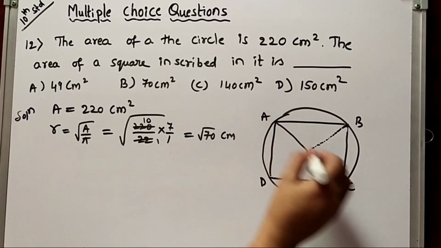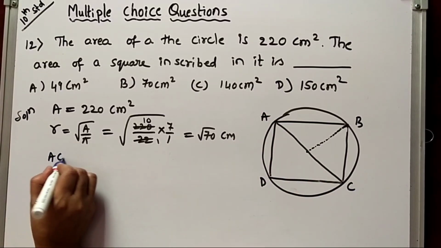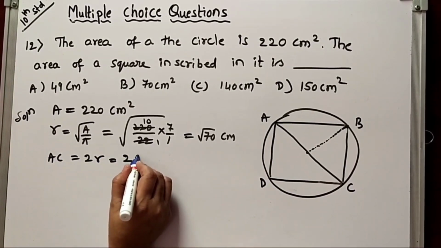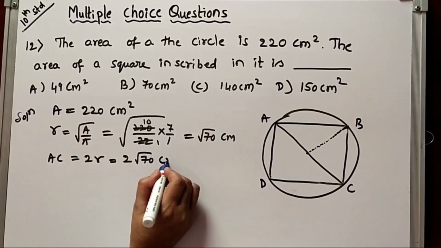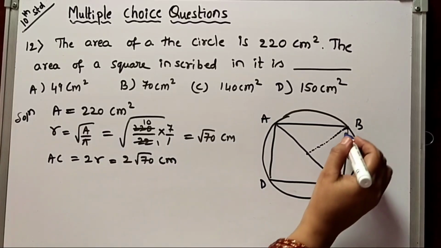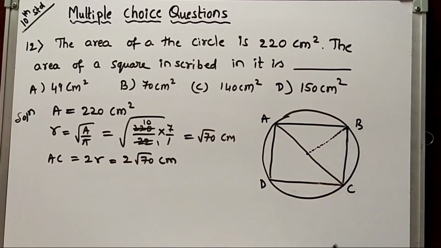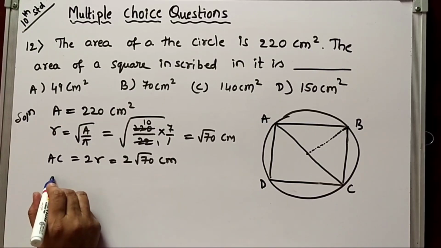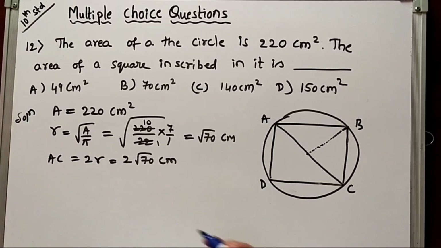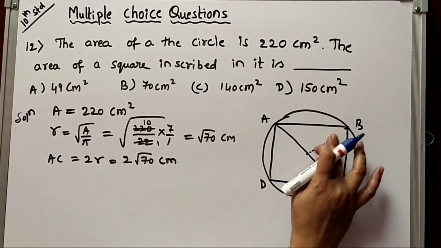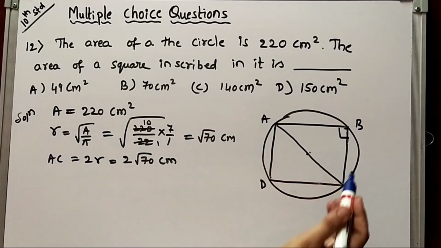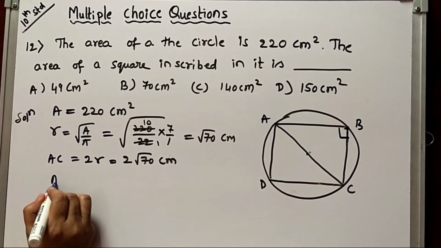Now we want the diagonal. So AC is the diagonal, 2R, that is 2 into square root of 70 centimeter. Now we find the side of the square. Square means it is 90 degrees, so the hypotenuse follows Pythagoras.